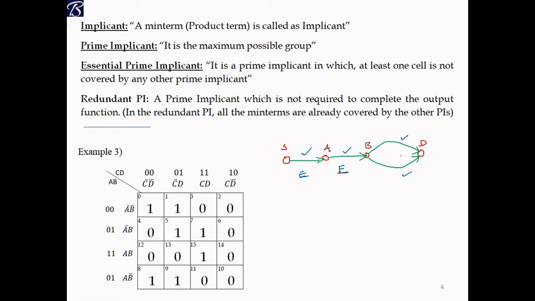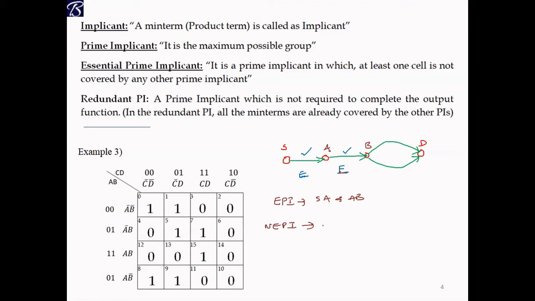But BD has two routes. So the essential prime implicants are nothing but SA and AB. And the non-essential prime implicants: BD has two routes. These two are the non-essential routes.